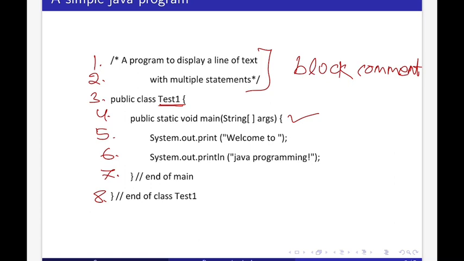Then in line number 5 we have system.out.print("welcome to " with some space, then the double quote ends.